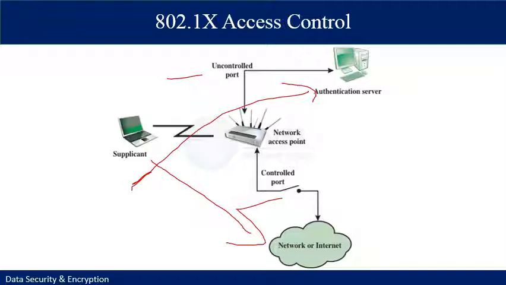EAPOL operates at the network layer and makes use of IEEE 802 LAN such as Ethernet or Wi-Fi standards. So EAPOL enables the supplicant to communicate with the authenticator and supports the exchange of EAP packets for authentication.